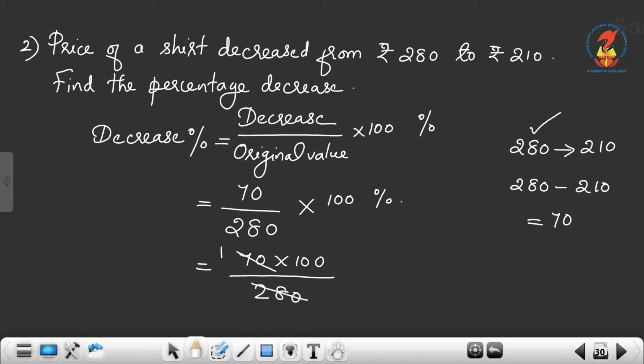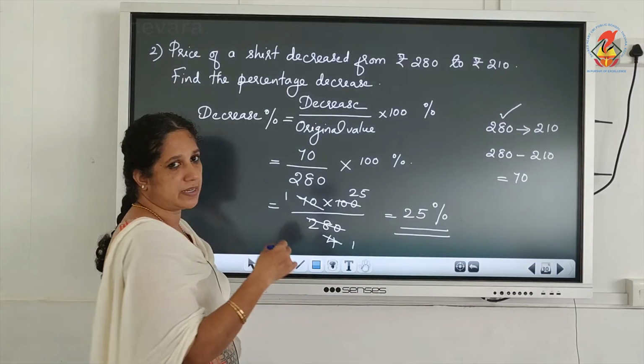So, 1 time, here it is 4 times, 7 4s are 28. So, 100 and 4 we can cancel using 4. 1, here it is 25. So, what is the percentage decrease? 25% decrease in the price. In order to find the decrease percent, decrease divided by original value into 100%.